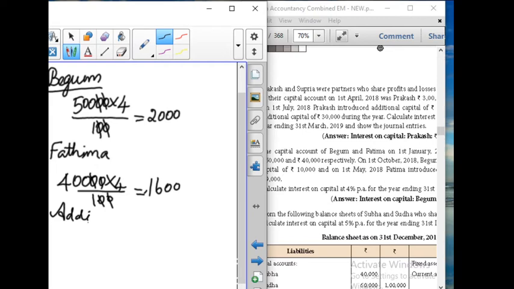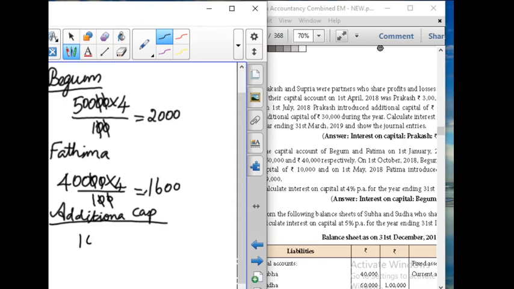Next, we have to calculate for the additional capital. Interest on additional capital. On 1st October 2018, Begum introduced an additional capital of 10,000. October means how many months? 3 months.